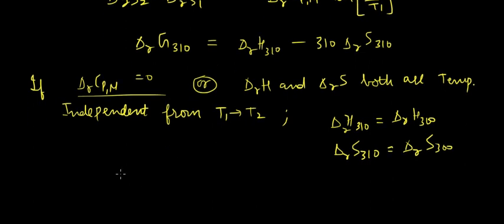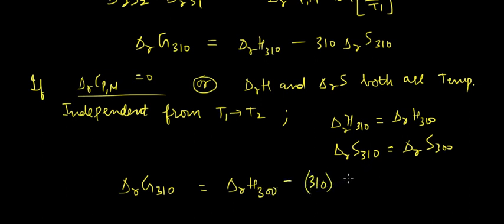Or in other words we can write delta R G310 would be equal to delta R H300 minus the temperature, which is 310, times delta R S300.